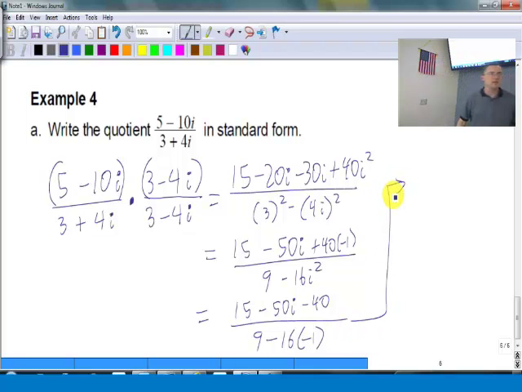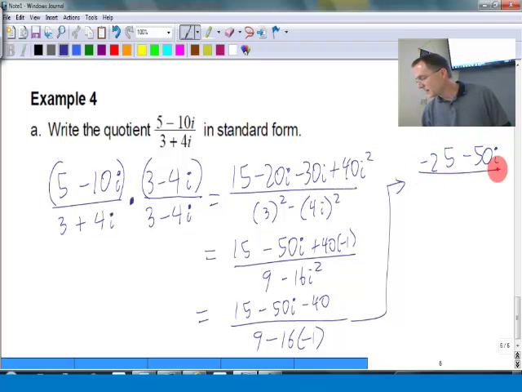What is 15 minus 40? Let's go negative 25, and then minus 50i, and then I guess we can go ahead and call the denominator 25. Feel good about calling it 25 now. 9 plus 16 is clearly going to be 25.